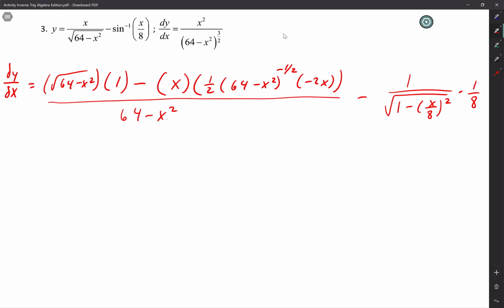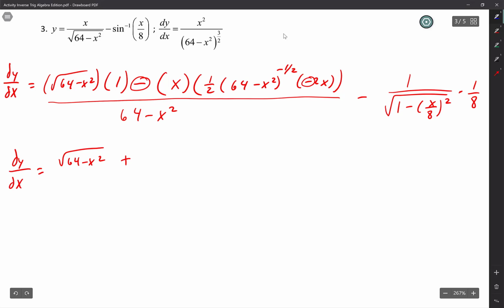So now I'm not going to do any transformations yet. I'm just going to get everything to look nice and pretty. So let's see if we can do that. Square root of 64 minus x squared. Negative times the negative is a positive, so I see plus. If you're wondering what I'm talking about, I'm talking about that. I see a half and I see a 2, so those go away.